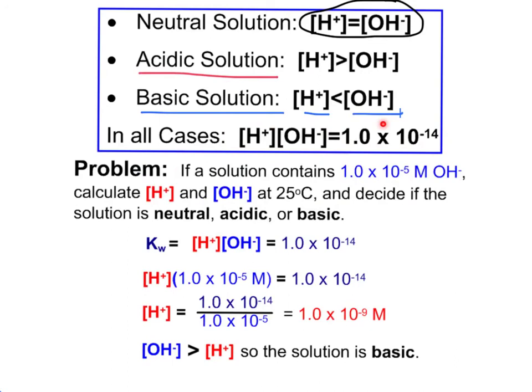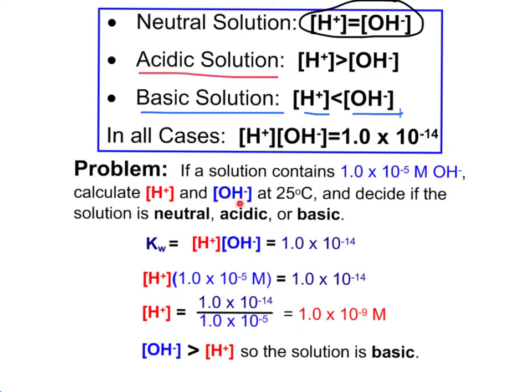So let's use some of that information and look at a problem. If we have a solution that contains 1 times 10 to the negative 5th molar hydroxide ions, we're asked to calculate the concentration of hydrogen ions and hydroxide ions.